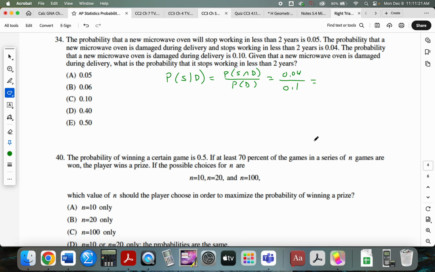So what's the probability? 0.4. Yeah, I got 0.4. 0.04 divided by 0.1? I put 0.01 in my calculator. Oh, gotcha. Okay, and again, you could make a table for it.